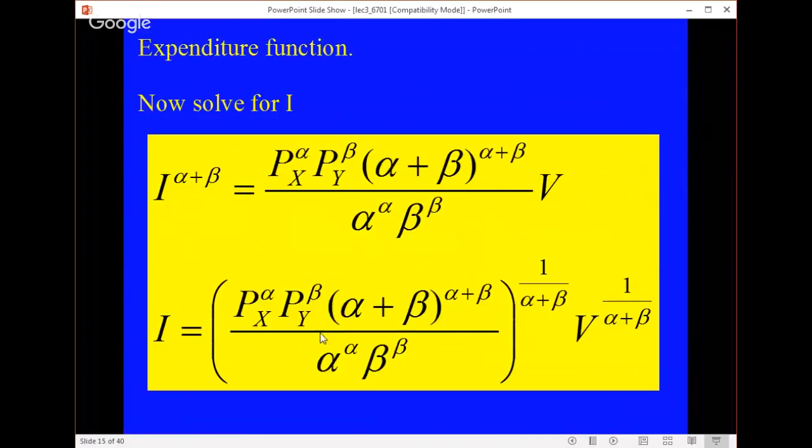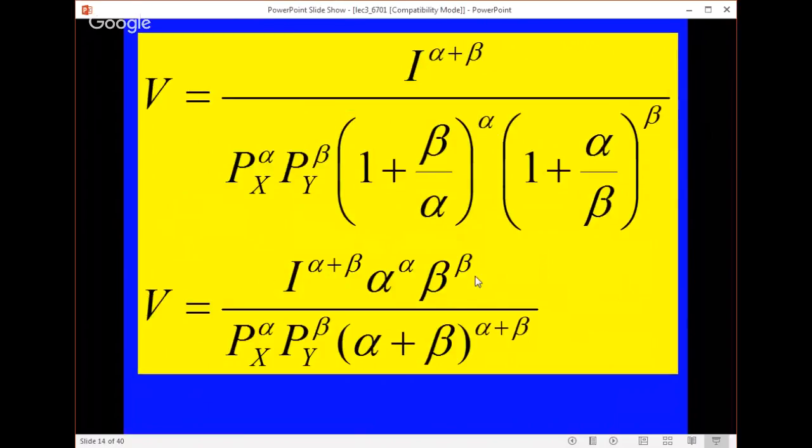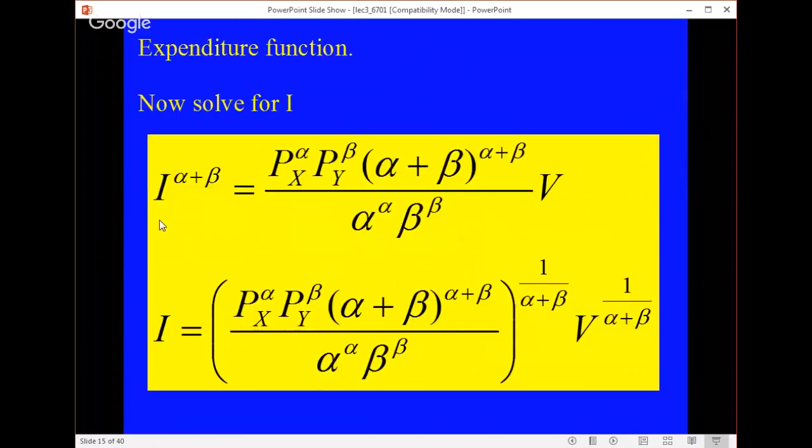So basically what I do is I multiply, or I divide both sides by alpha to the alpha, beta to the beta, and I multiply both sides by Px to the alpha, Py to the beta, (alpha plus beta) to the alpha plus beta power, right? To get it all to the other side, and I have I to the alpha plus beta is equal to Px to the alpha, Py to the beta, (alpha plus beta) to the alpha plus beta power, over alpha to the alpha power, beta to the beta power, times V, our indirect utility function.